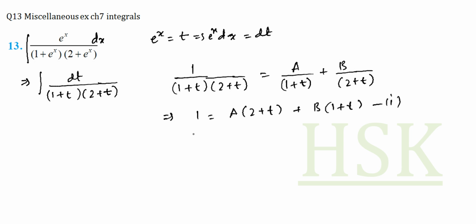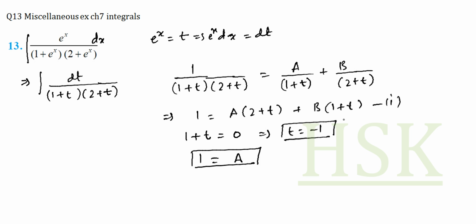In equation number 1, I'm going to place 1 plus t is equal to 0. This gives t is equal to minus 1. On substituting t is equal to minus 1 in equation number 1, I'm going to get a is equal to 1, because 1 plus t is going to become 0.